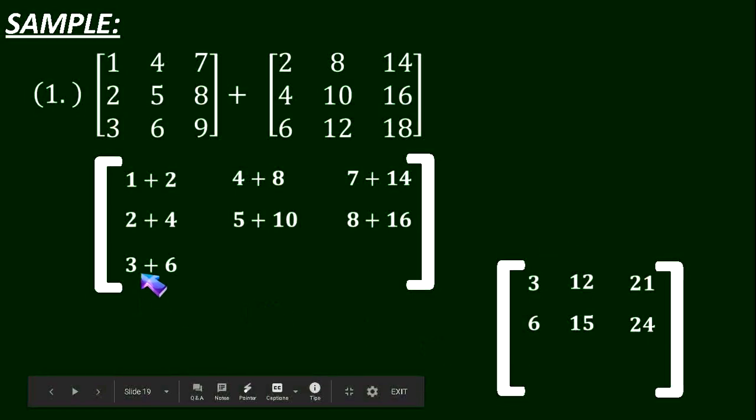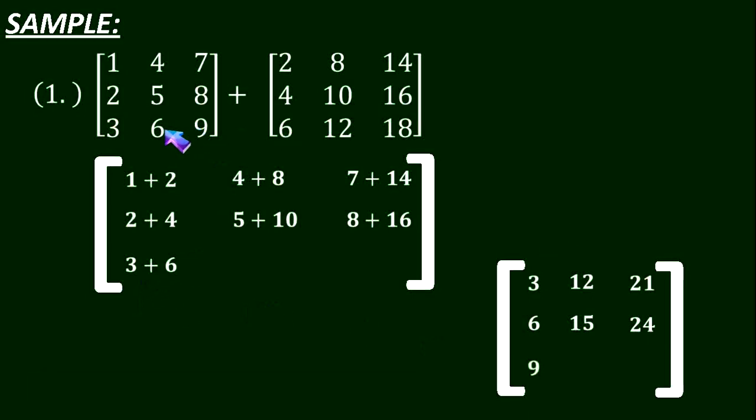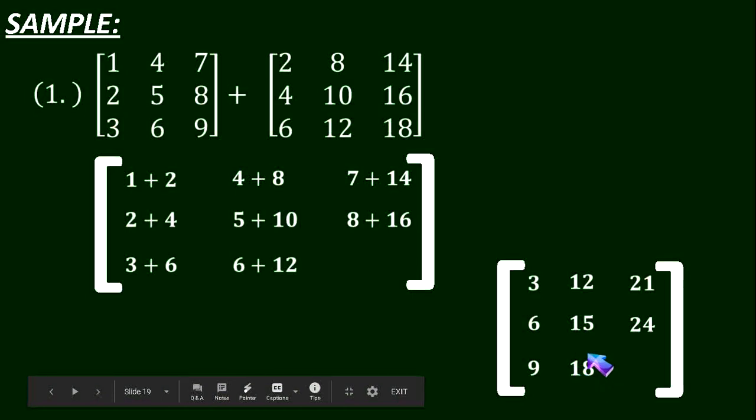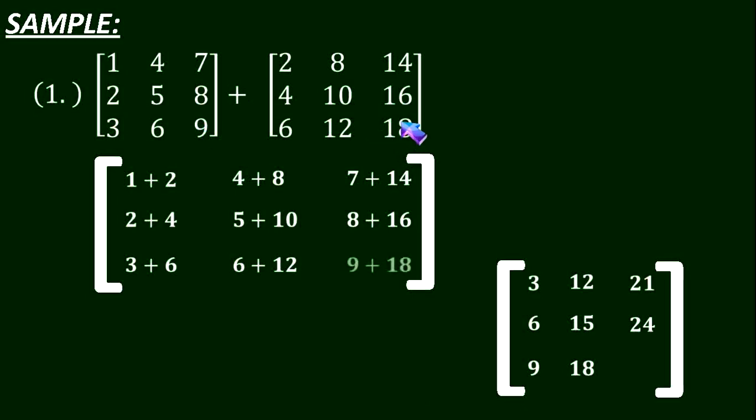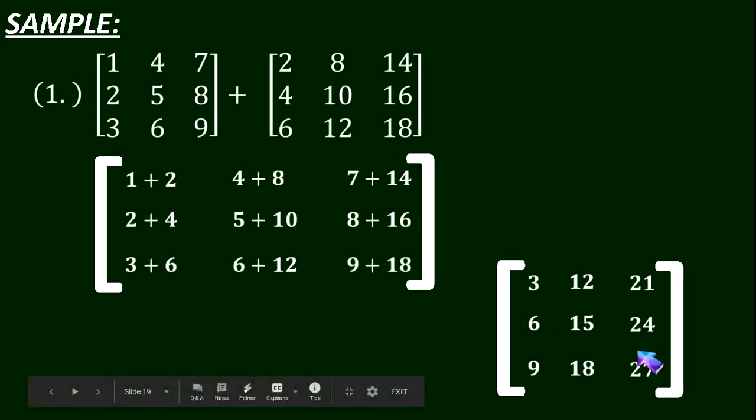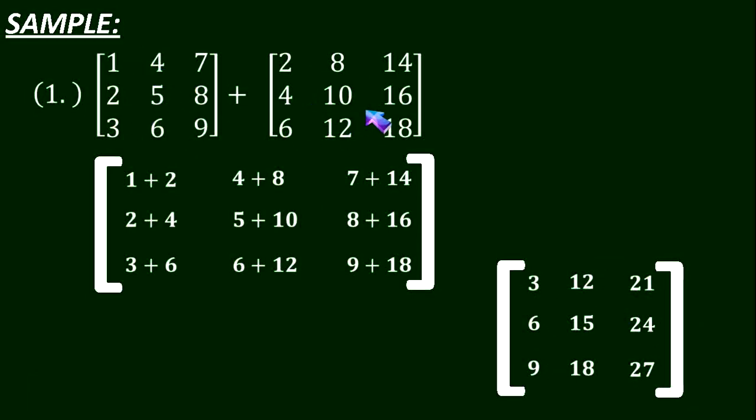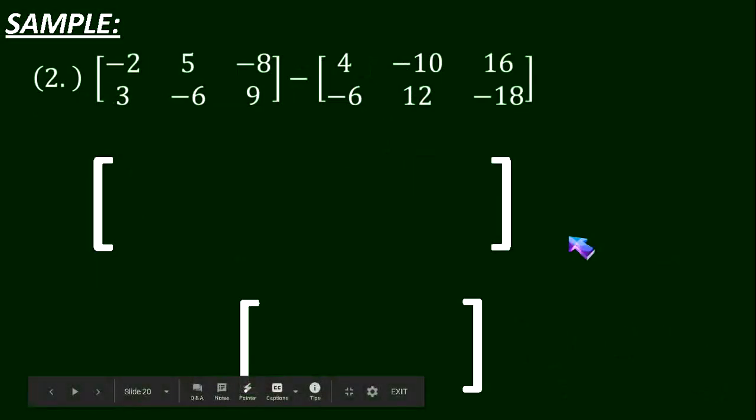So we have 3 plus 6, that is 9. Then 6 plus 12, that is 18. And lastly, our last entry, 9 plus 18, that is 27. So this will be our answer if we add the first matrix plus our second matrix.